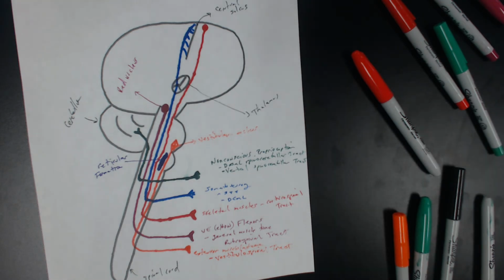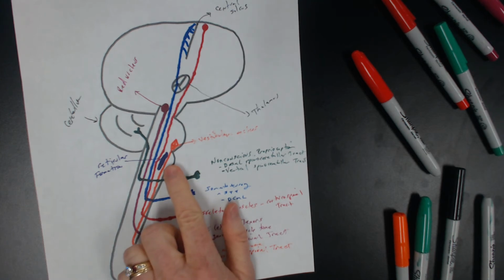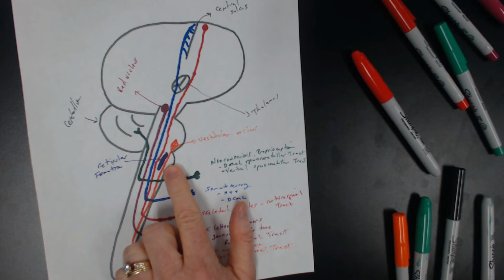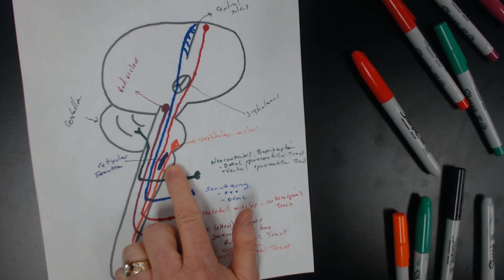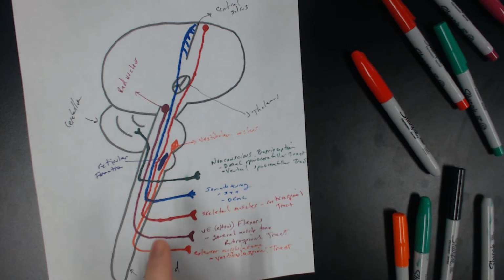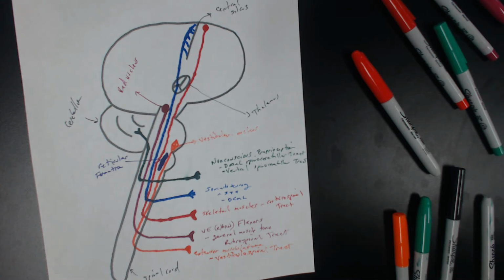The name of this is a diffuse body of nuclei that's located in the medulla, and its function is awareness or awakeness, consciousness. So remember, last week we did levels of consciousness. So if somebody's in a coma, their reticular formation isn't working. Kind of like an off-on switch for the conscious awareness.